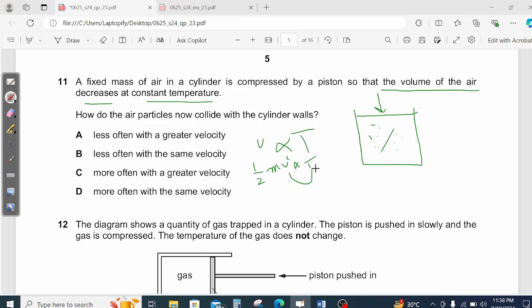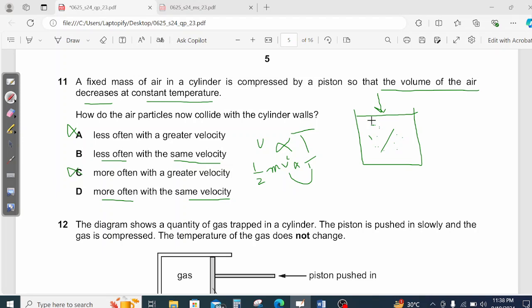It means when temperature increases, the velocity of the particle will increase. But in that case the temperature is constant, it means your velocity will be the same. So we have two options of same velocity and the rest of the options are wrong. Okay, and the second thing, less often and more often, what is the meaning of that?